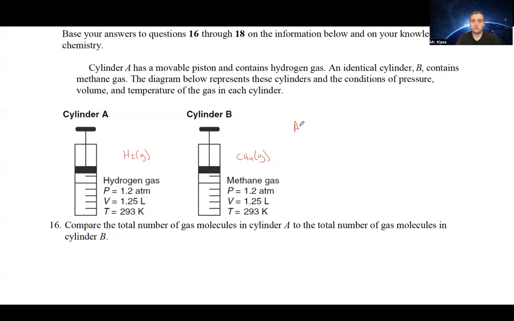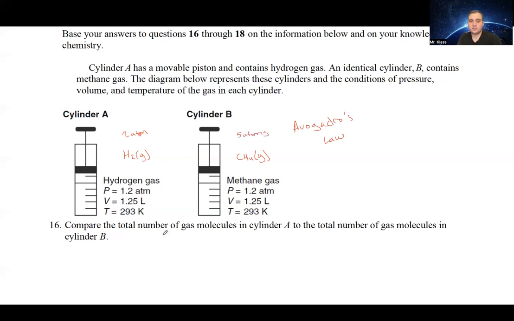Well, do you remember Avogadro and his law? Same variables, especially same volume, means the same number of gas particles, even though hydrogen is much smaller. They got really small atoms, and there's only 2 atoms in hydrogen gas. Carbon is pretty much bigger than hydrogen, and we have a total of 5 atoms.